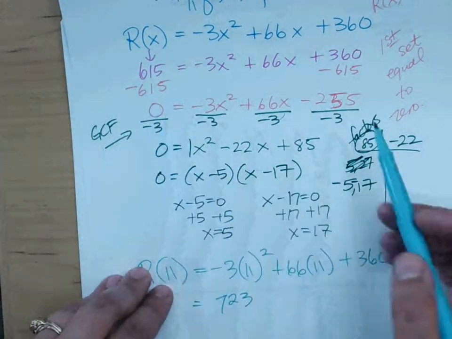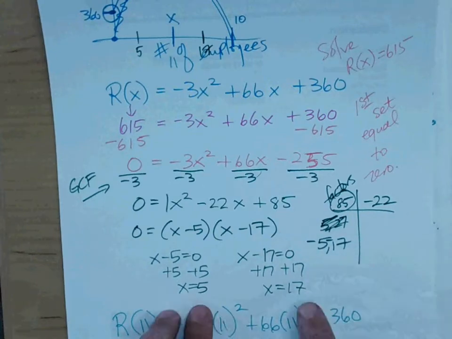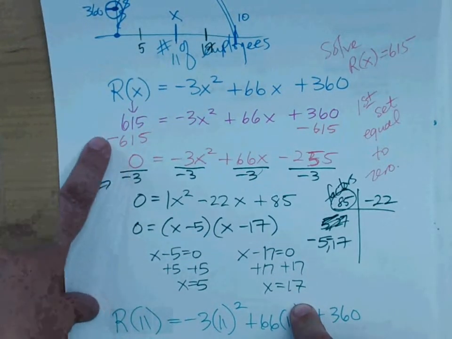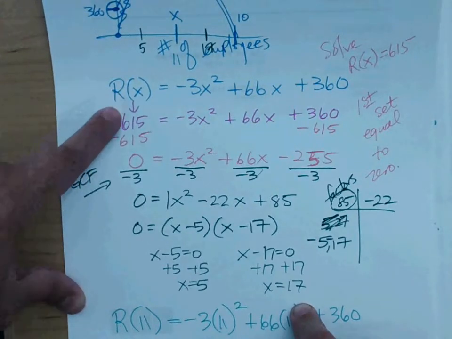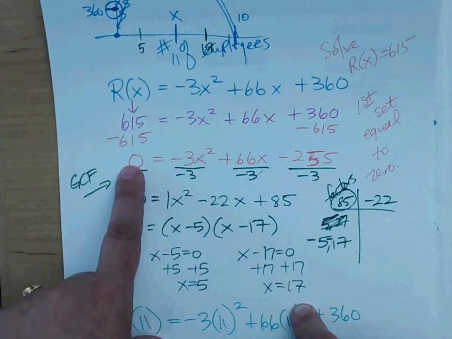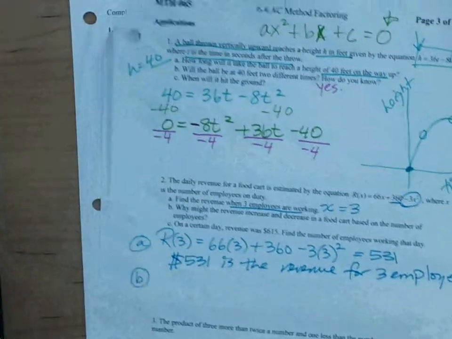Okay, so the whole thing about factoring is, and by the way, we should write this in a sentence answer. So it would take 5 employees or 17 employees to make a revenue of 615. So here we started by plugging in the revenue of 615. In order to use this method, we have to always set it equal to 0.